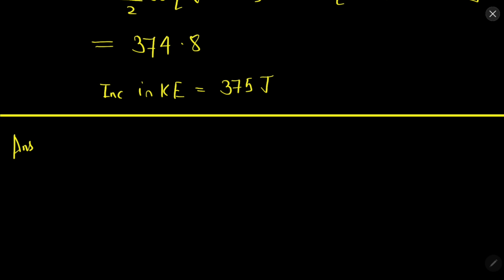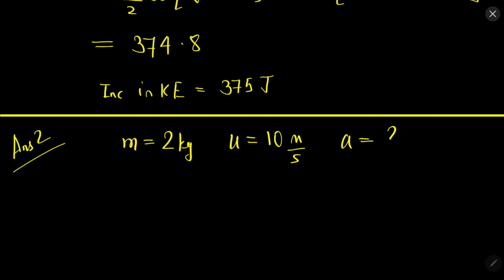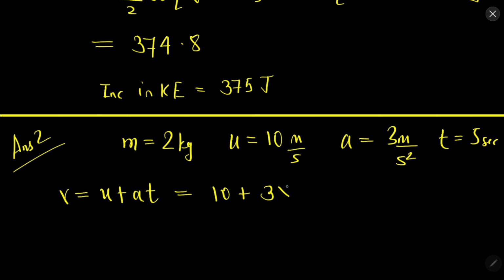So first of all, mass is given 2 kg, initial velocity is 10 meter per second, acceleration is 3 meter per second square for t equal to 5 seconds. We can find the final velocity using this formula, which is quite simple. So 10 plus 3 into 5 will give us 25 meter per second.